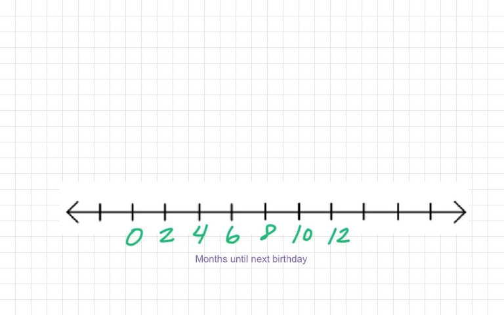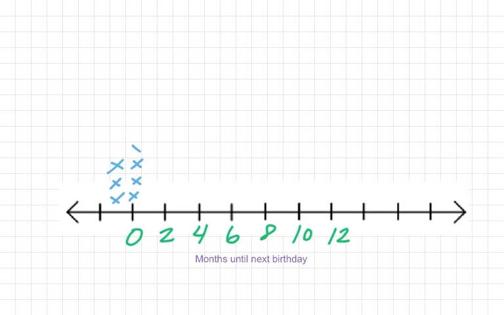Okay, and there's nothing wrong with this, but right in between 0 and 2, there's the value 1. So when I have 3 people that said their birthday is just 1 month away, I can represent that with 3 X's. Now 4 people said their birthday was 2 months.